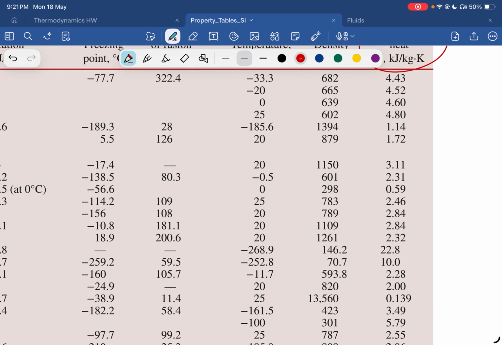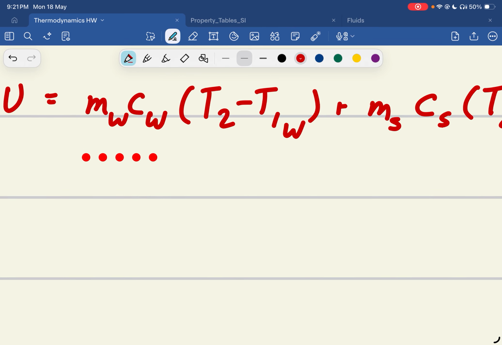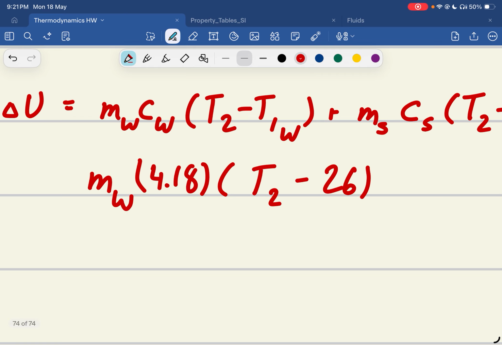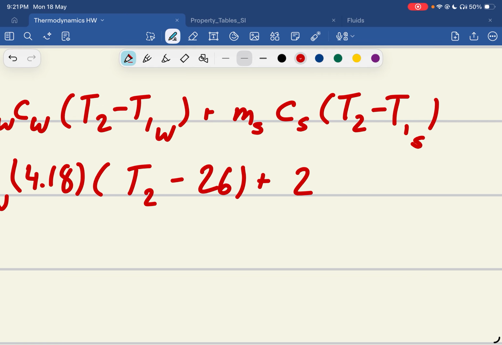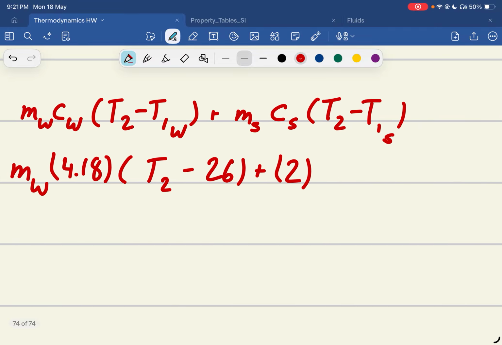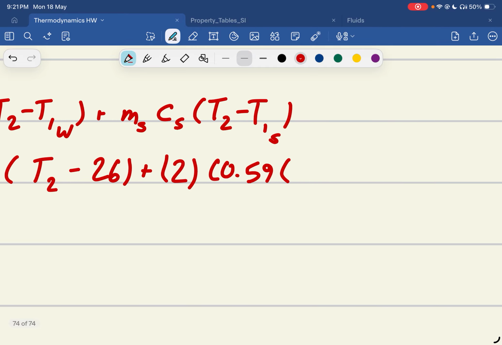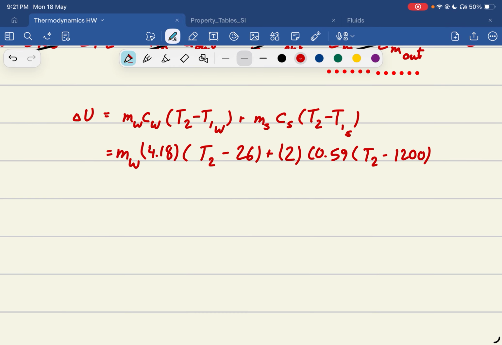So we have 4.18 times the mass of water times (T2 minus 26 degrees Celsius), plus 2 kilograms of steel times 0.59 times (T2 minus 1200), and that equals 0.